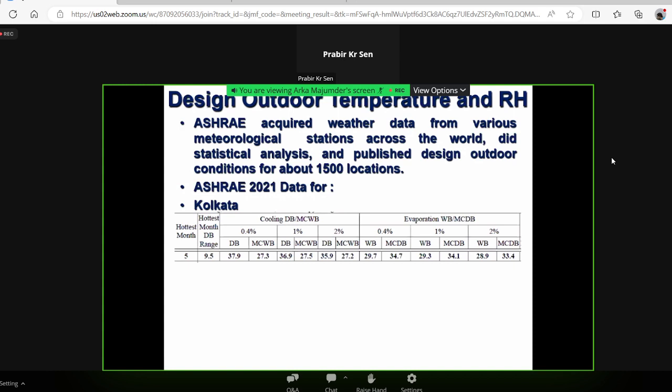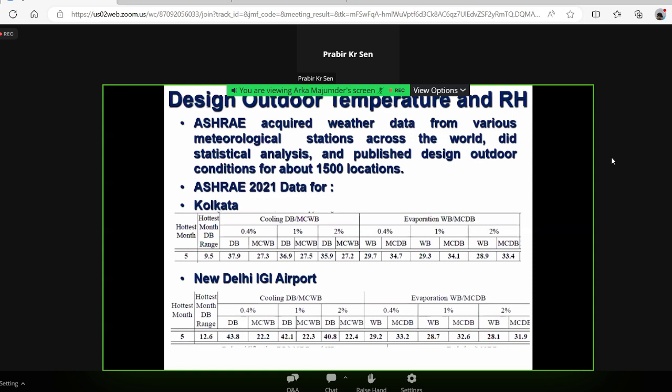It may not happen next year. So let us see. If it happens consecutively for 2-3 years, then ISHRAE will definitely review their design condition. Maybe in ISHRAE data for 2025, we'll have a different set of data.